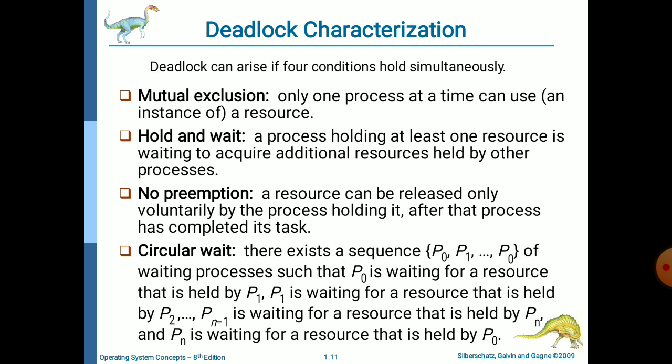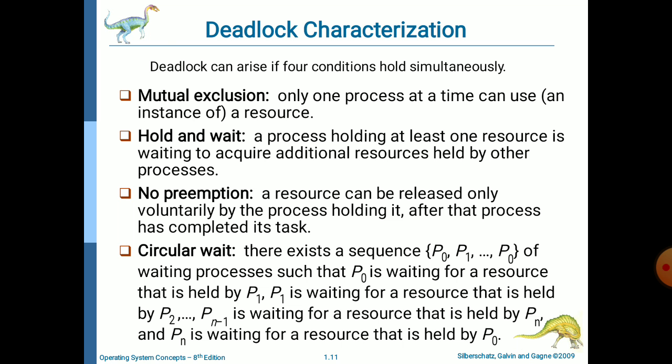Second one, hold and wait. A process holding at least one resource is waiting to acquire additional resources held by other processes. This also leads to a deadlock, which means a process may require, say, three resources, and it is already holding two and requesting another one.